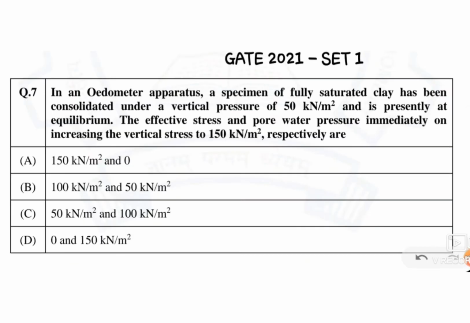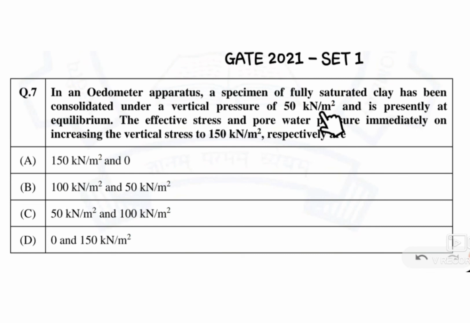Understand what they have given in the question. In an Oedometer apparatus, a specimen of fully saturated clay has been consolidated under a vertical pressure of 50 kN per meter square and is presently at equilibrium. They have mentioned it is presently at equilibrium. That means it has reached the third stage, the end of consolidation. Whatever pressure they applied, that load is now carried by the soil particles.